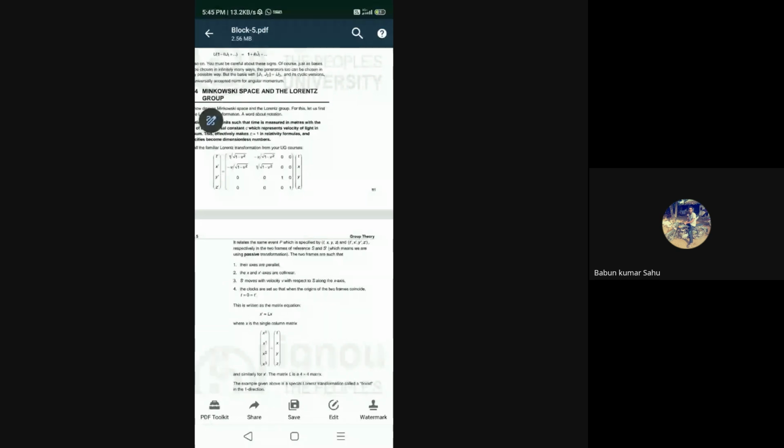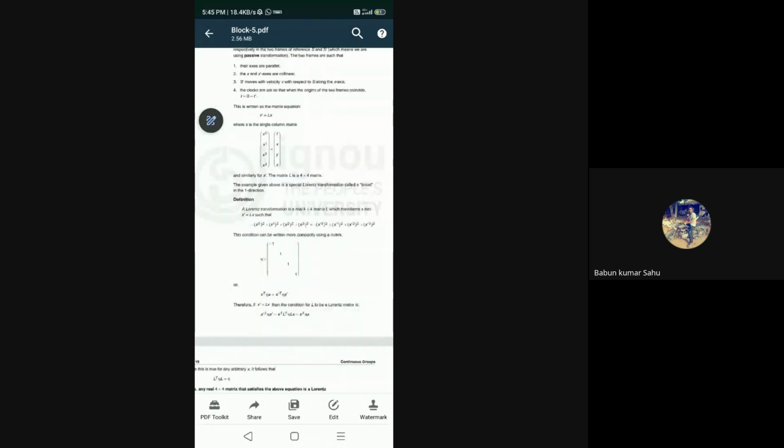And this is written as the matrix equation x dash is equal to L x, where x is the single column matrix x0, x1, x2, x3, having 0, 1, 2, 3 as superscripts, equal to the column matrix t, x, y, z, and similarly for x dash. The matrix L is a 4 cross 4 matrix. The example is given, and it is a special Lorentz transformation called a boost in the x direction.